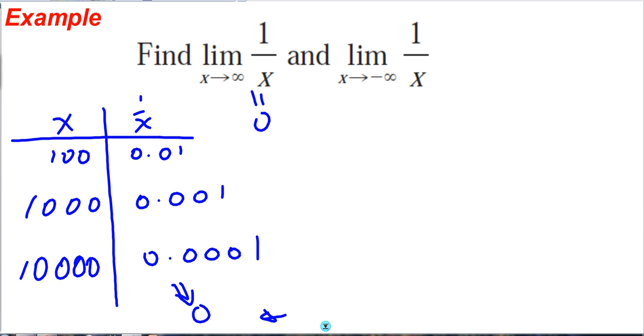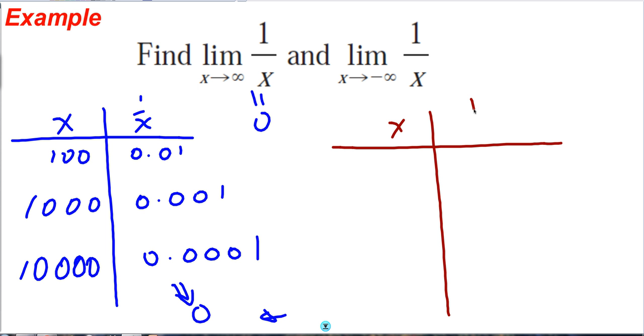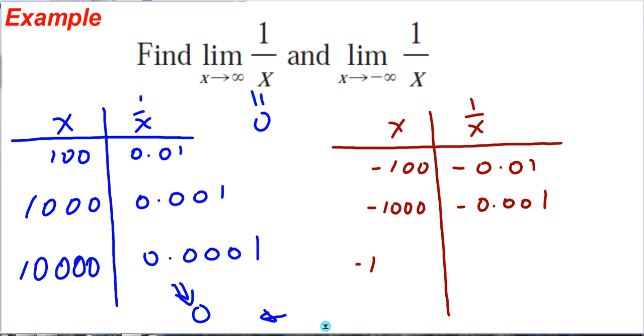The limit as x approaches negative infinity, we would use the same method. We use the numerical approach, 1 over x as x is approaching negative infinity. It means that x is getting very large from the negative direction. Say negative 100, you get negative 0.01, negative 1000, negative 0.001, say negative 10,000.